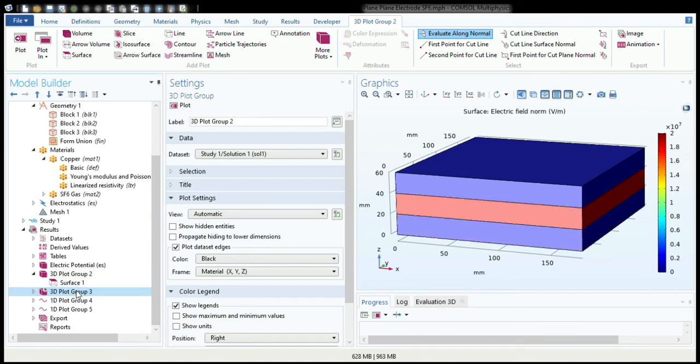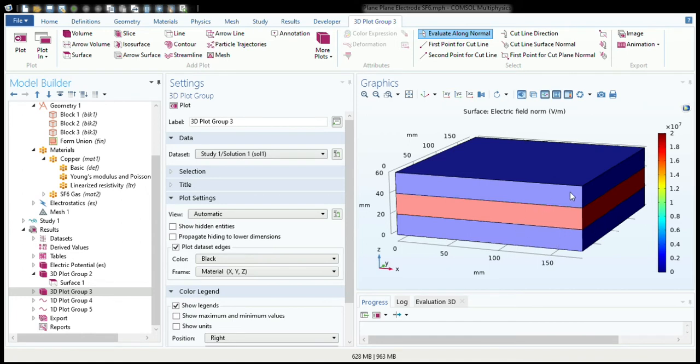Then for the next 3D plot group, I choose to observe the electric field experienced by the gas. As I said, the upper electrode and the lower electrode are metal conductors.